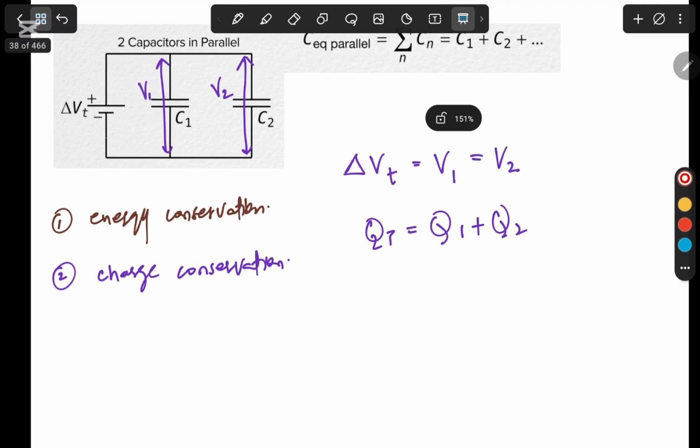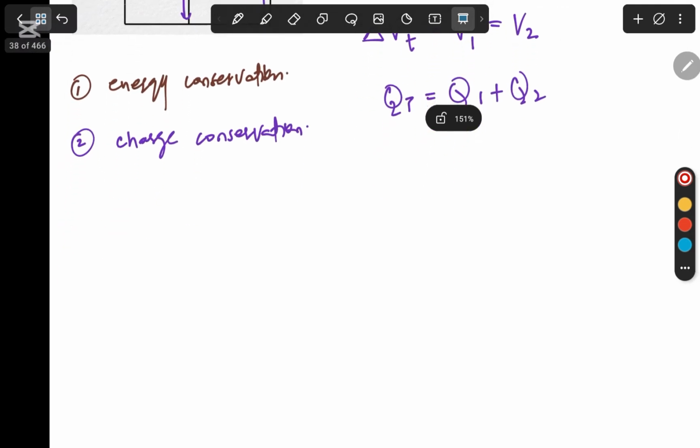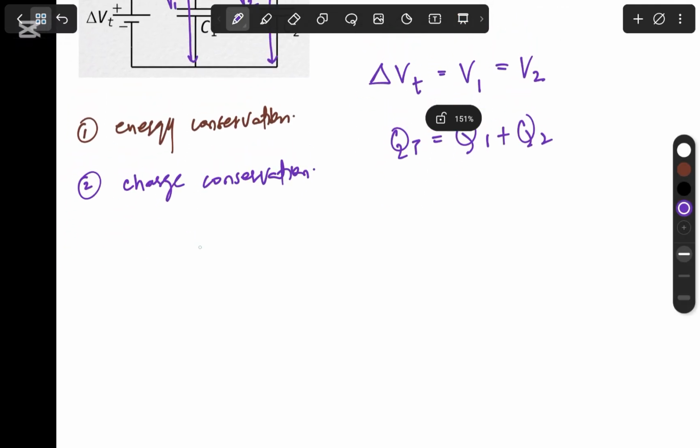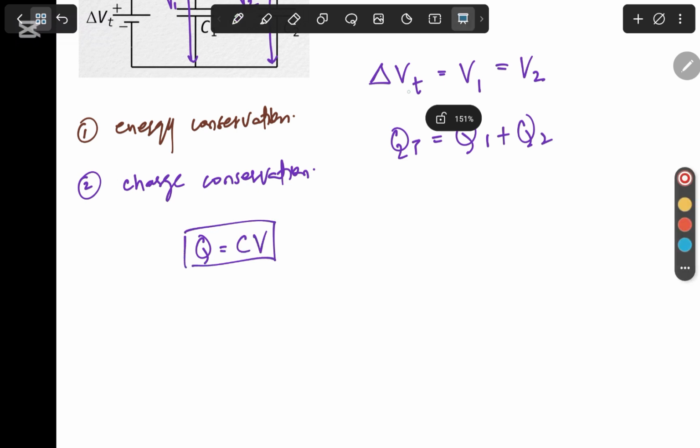Okay, so we've got these two equations here, and we know the charge is equal to the capacitance times the voltage. Now we're going to link both of these equations up.